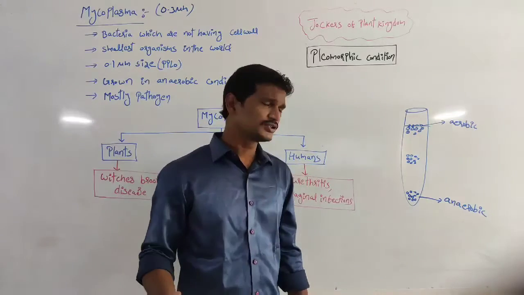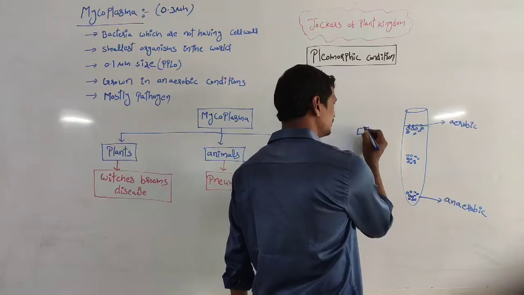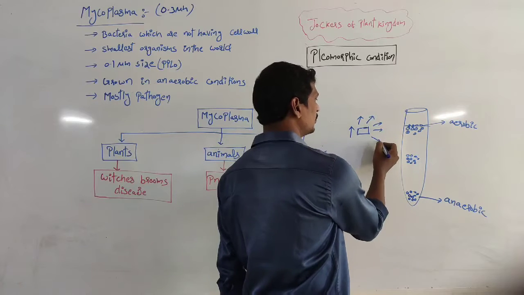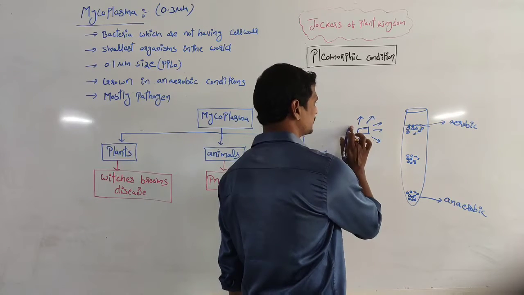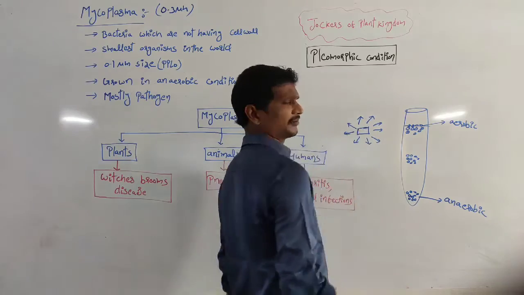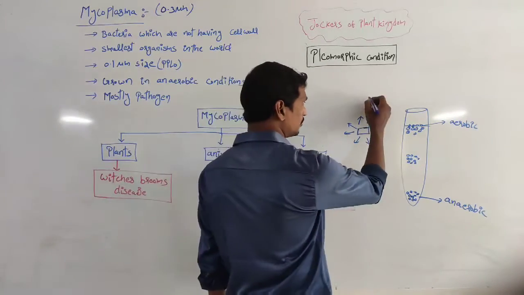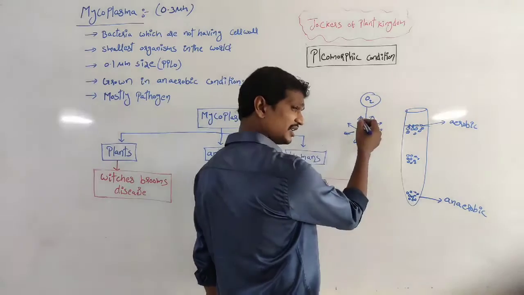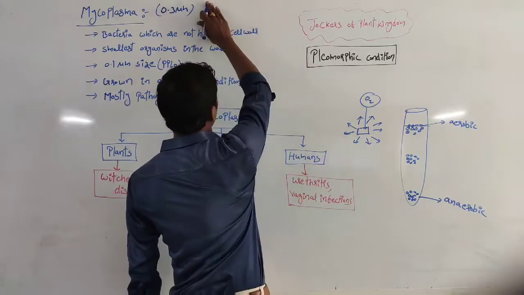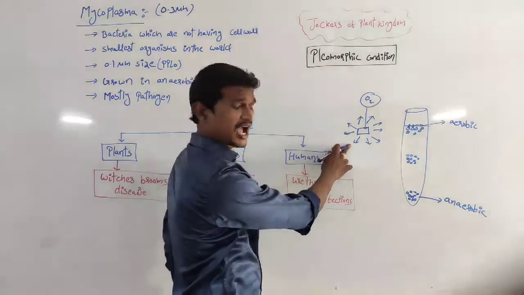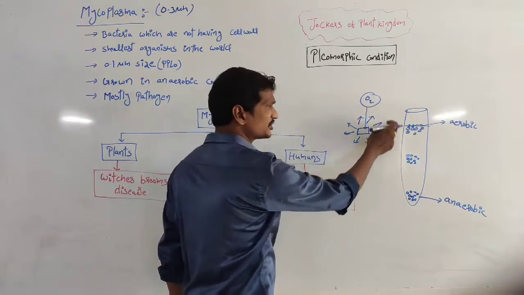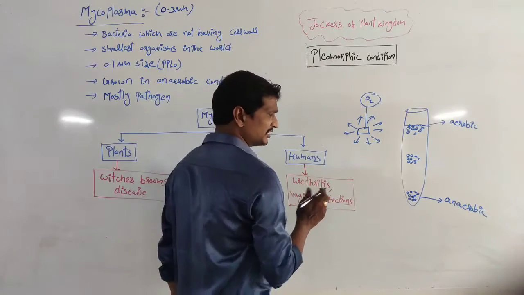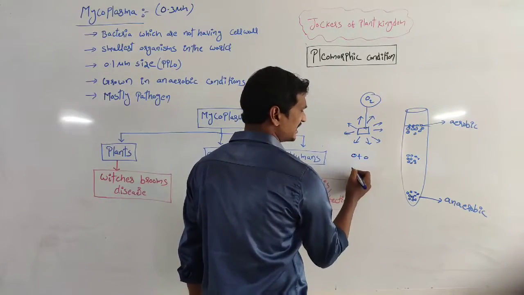Suppose this is the bacterium. If the bacterium is exposed to air, what happens? Cell walls are absent in mycoplasma, so the oxygen available in the surroundings enters inside the bacterium. Excess oxygen forms free radicals.